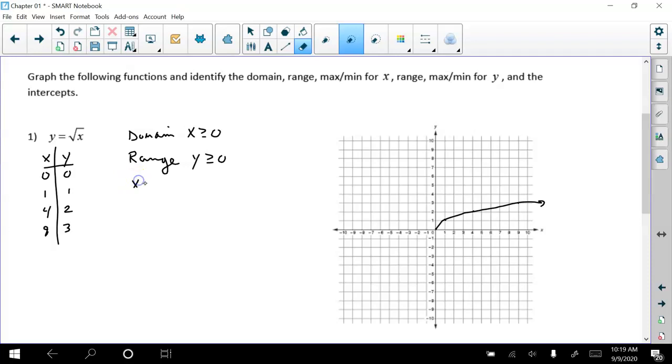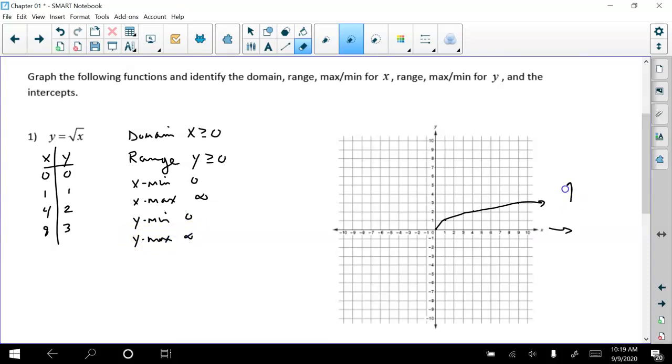Now our x minimum, our lowest value for x, is 0. We can't use any negatives. Our x maximum, our highest value for x, is just going to keep going and going further to the right. So our maximum value is actually infinity. Our y minimum is 0, and our y maximum is infinity.